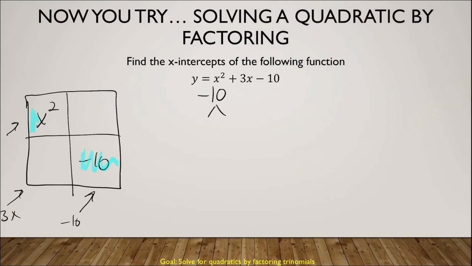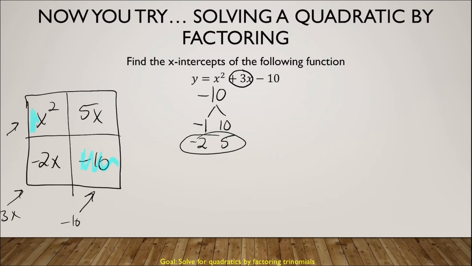So I know that one number has to be positive, one number has to be negative, and the bigger of the two is positive, so when I combine, it remains positive. So I have negative 1 and a positive 10, negative 2 and a positive 5, and that's it. So which one's going to add up or combine to be positive 3? I get right there. So I'm going to put negative 2x here and a 5x right there.